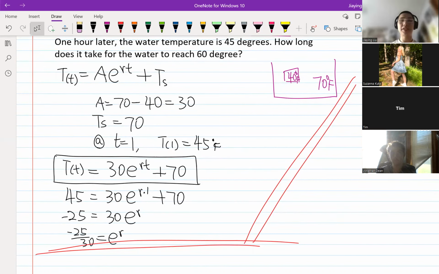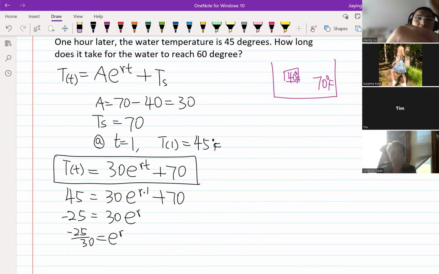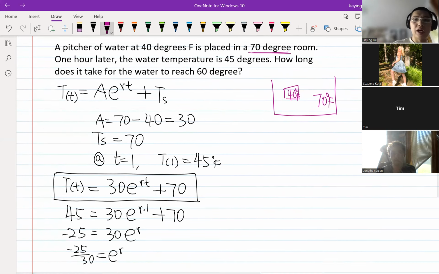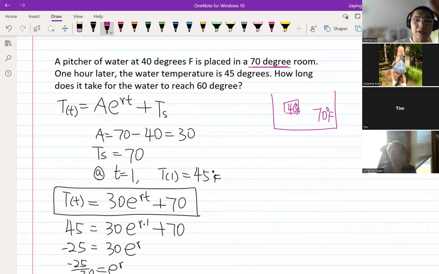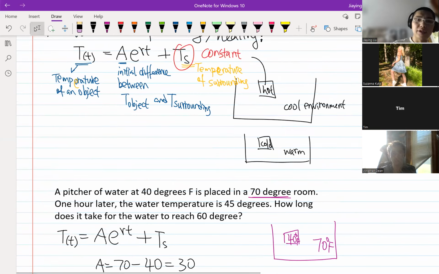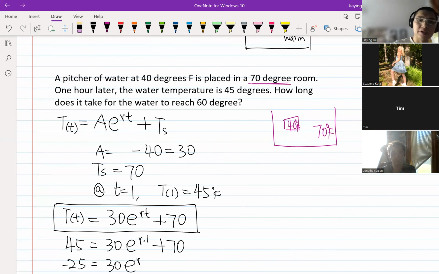Oh, you know what? That's my problem. Sorry, I just realized what the problem is. The problem is it's A here. The difference between the object and the surrounding is not 70 minus 40. A is T object minus T surrounding.